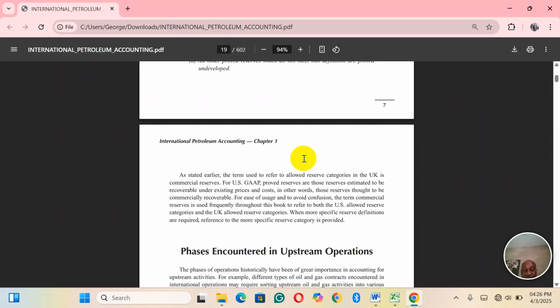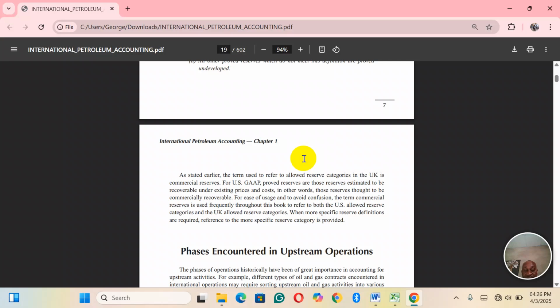For ease of usage and to avoid confusion, the term commercial reserve is used frequently throughout the book to refer to the US allowed reserve categories and the UK allowed reserve category when more specific reserve definitions are required.